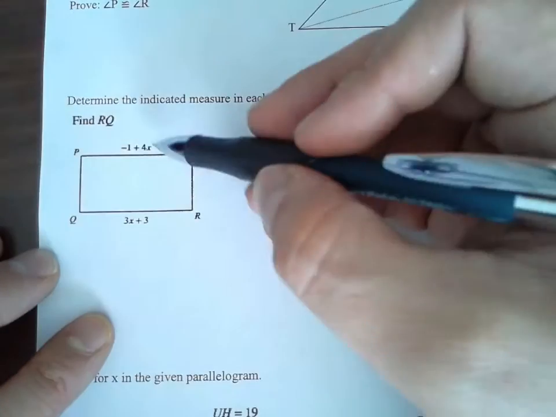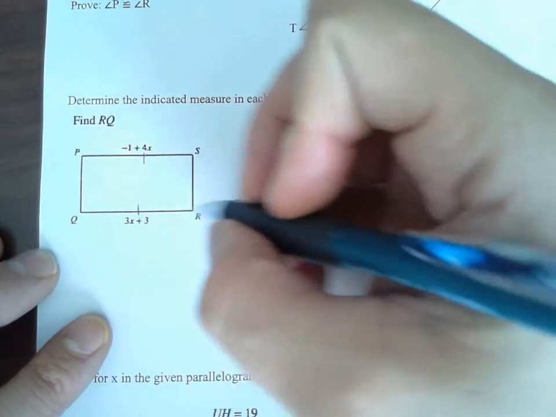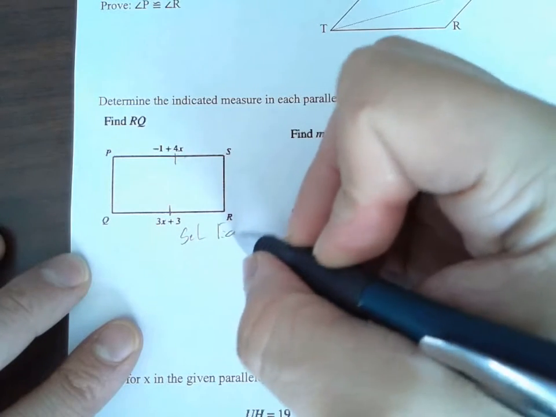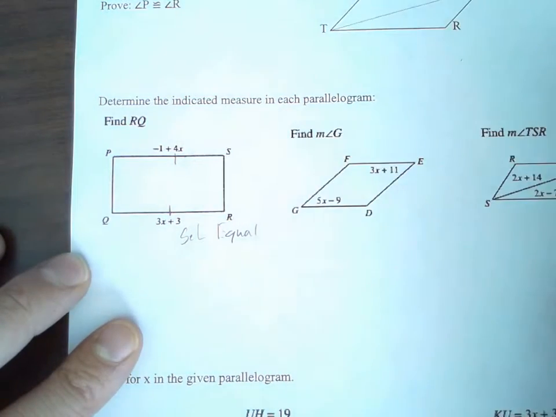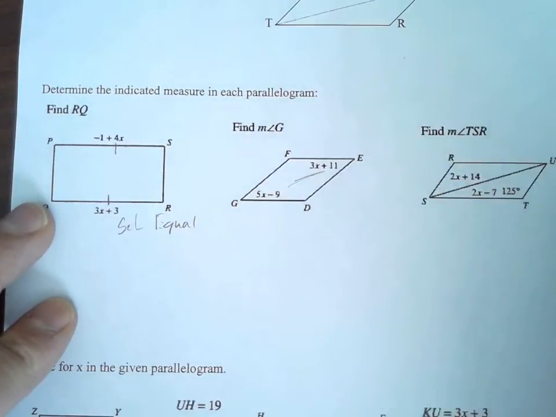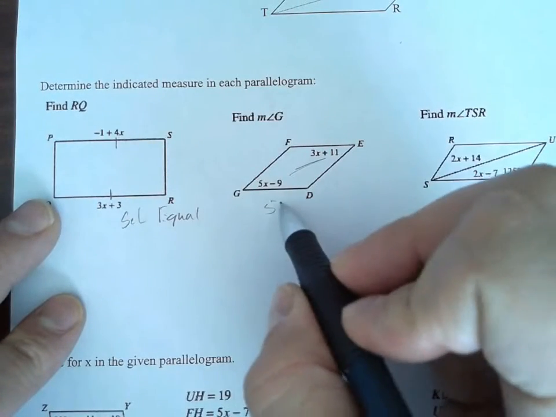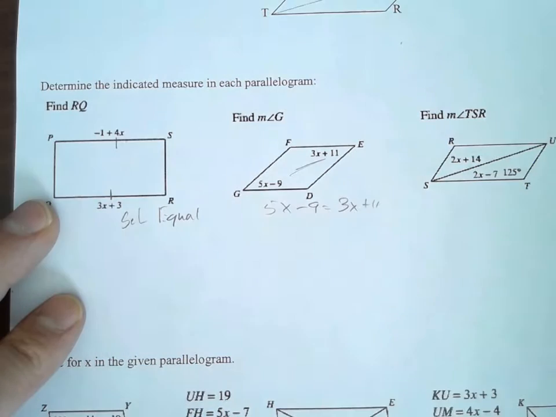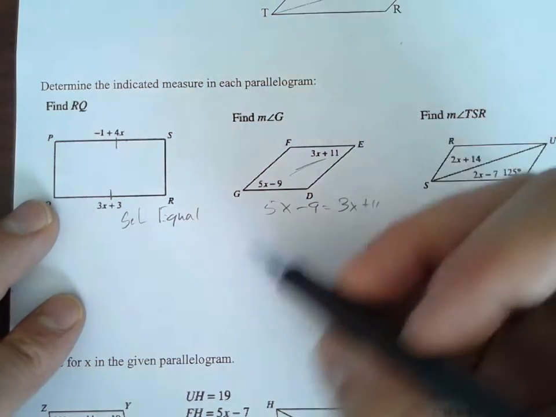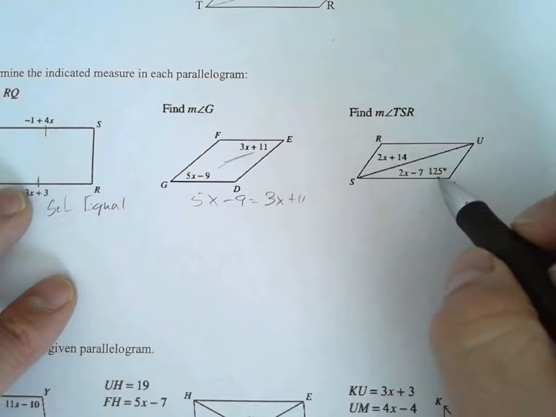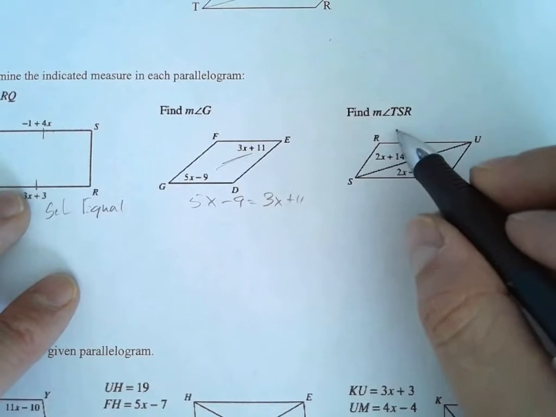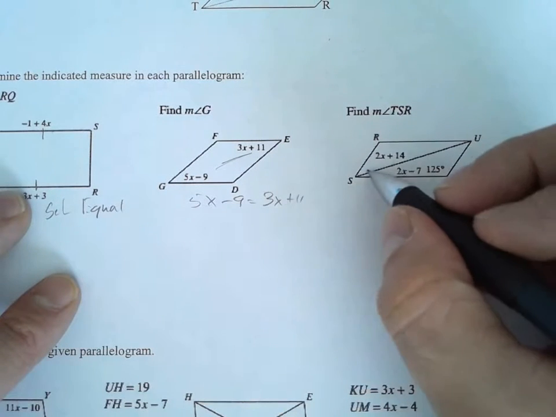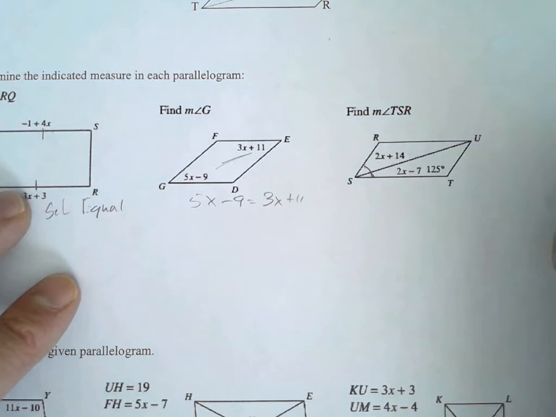Because now, hey, opposite sides, they're congruent, you would set those equal. Right? These are opposite angles, so I would just say, oh, 5x minus 9 equals 3x plus 11. You're done. And then solve it, you're good. This one was a little confusing because you're actually finding TSR, which is this angle right here.